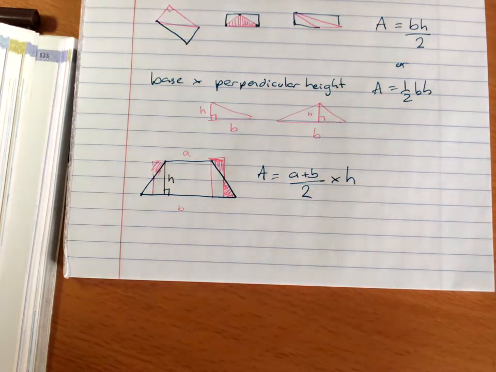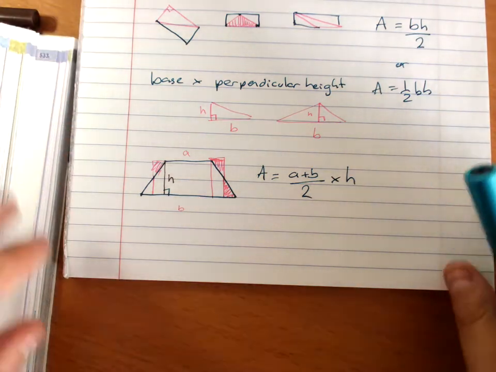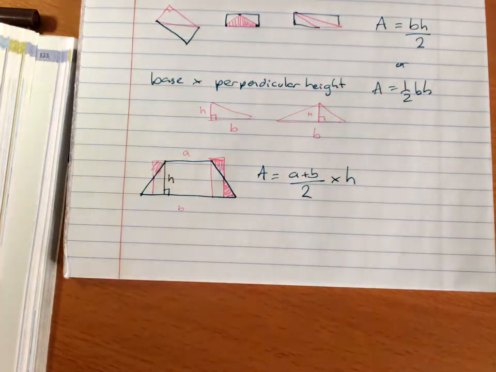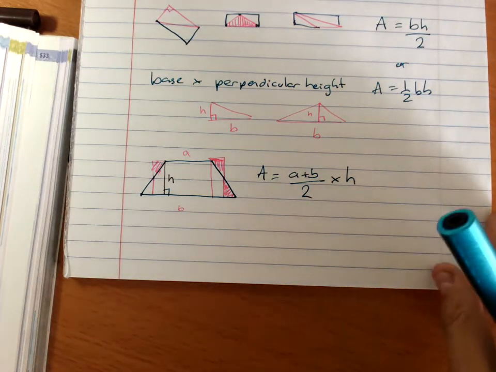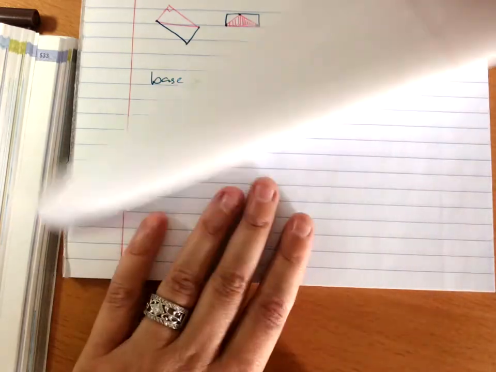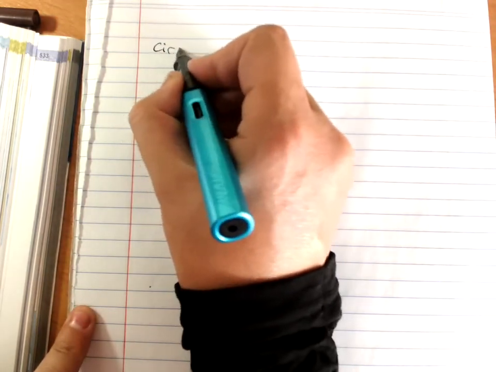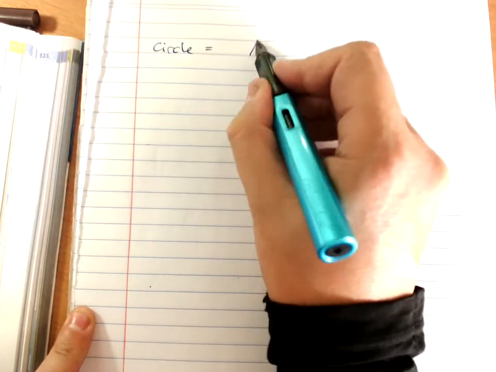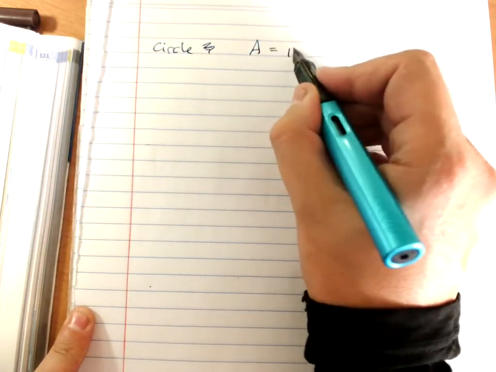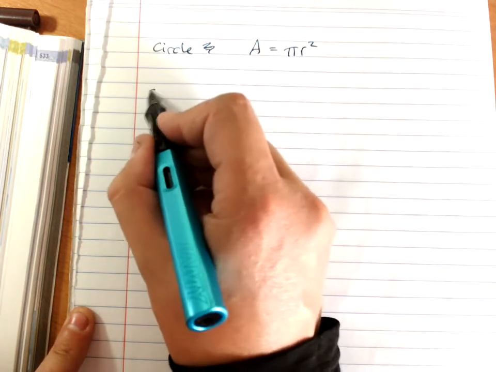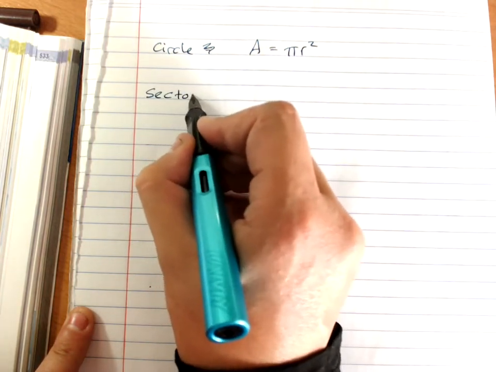For every straight-sided shape, look for the perpendicular 90-degree dimensions. That being said, the only thing that is not part of that, of course, is our circle, where the area is pi r squared, or part of a circle, such as a sector.